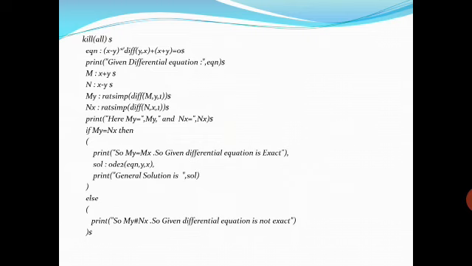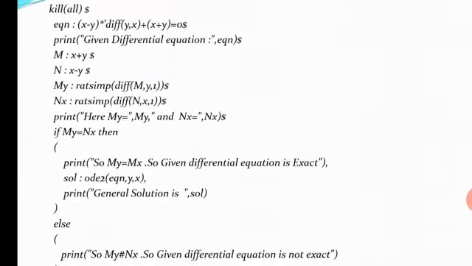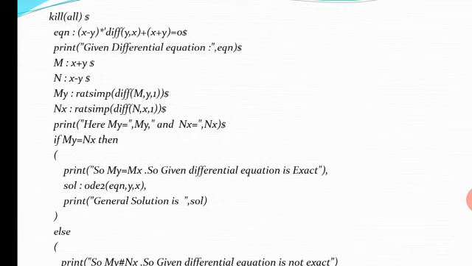This is the program. That is, kill all, write the equation, print the given equation. Compare the given differential equation with M dx plus N dy and write the M and N values. Calculate My and Nx using ratsimp of differentiation of M or N with respect to y or x one time.